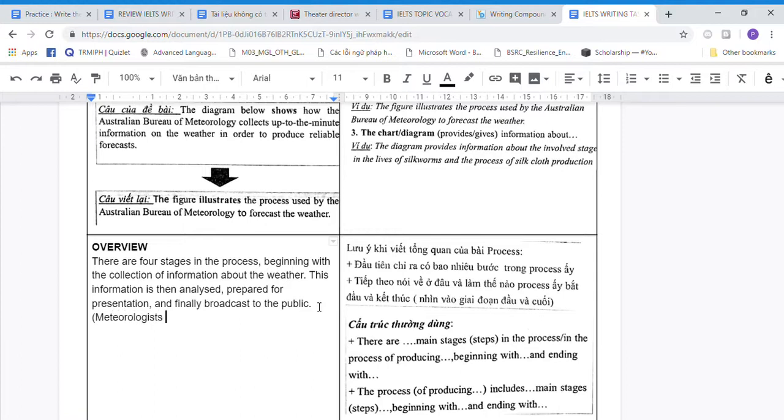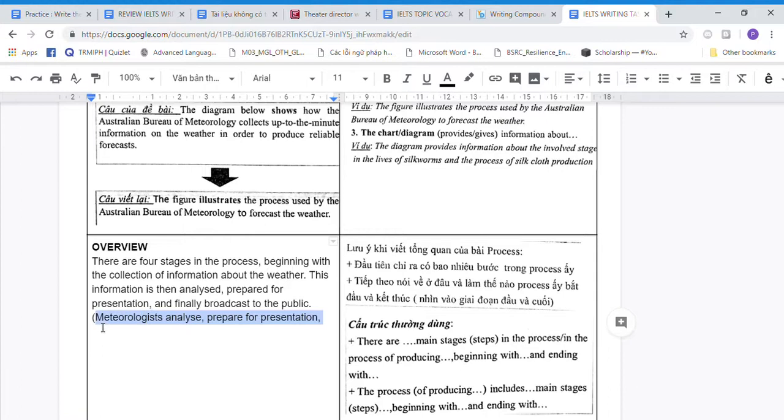Just analyze, prepare for presentation, and finally focus to the public, things like that.